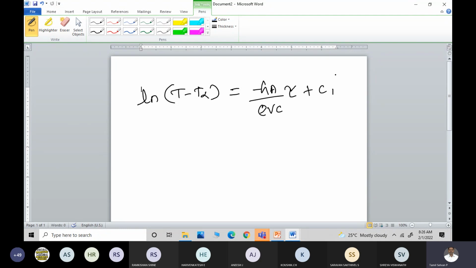Now we are in a position to find out C1. When we apply at time tau equal to 0, T equals T initial temperature. Am I correct?